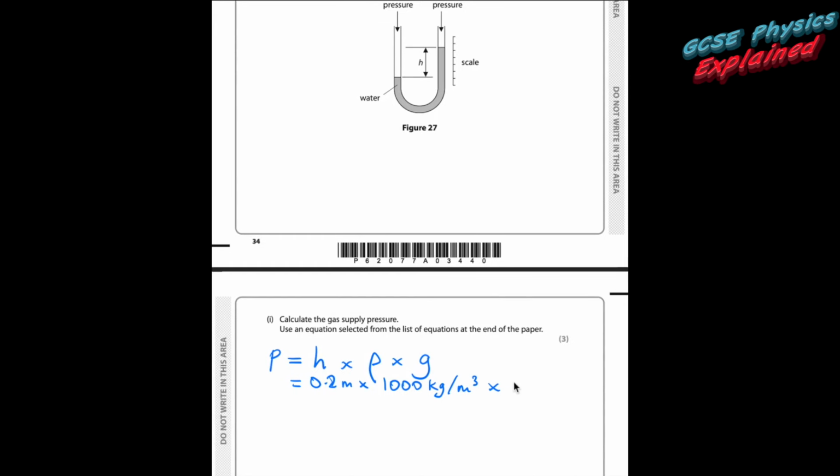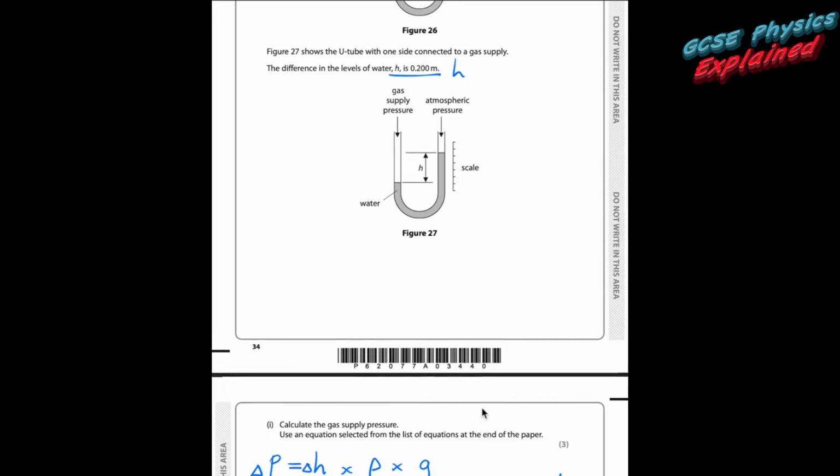And good old gravity on Earth is 10 newtons per kilogram. And that equals 2,000. Now that'll be the pressure difference which is causing the height difference. The units will be newtons per metre squared, or pascals.